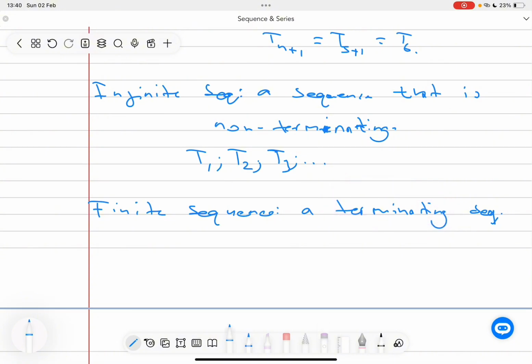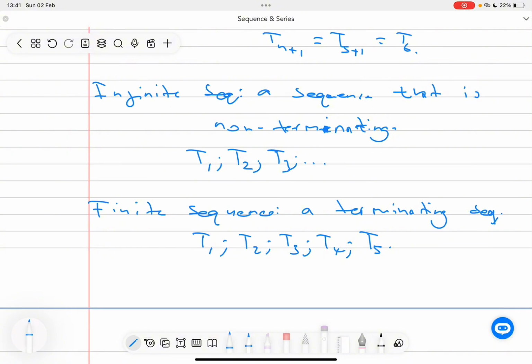So this would be something that looks like T1, T2, T3, T4, T5. I've written a 4 there, it should be a 5, and it ends exactly there. If you look at this, there are no dots after the 5. It means this sequence starts exactly at position 1, term 1, and it ends at position 5, term 5. And then we call that a finite sequence. It actually ends, it is terminating.